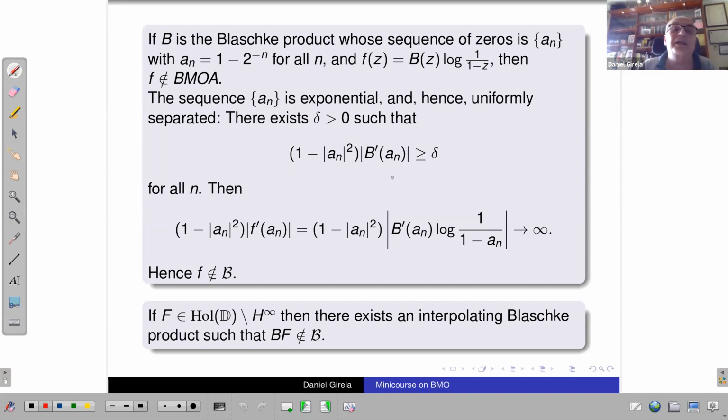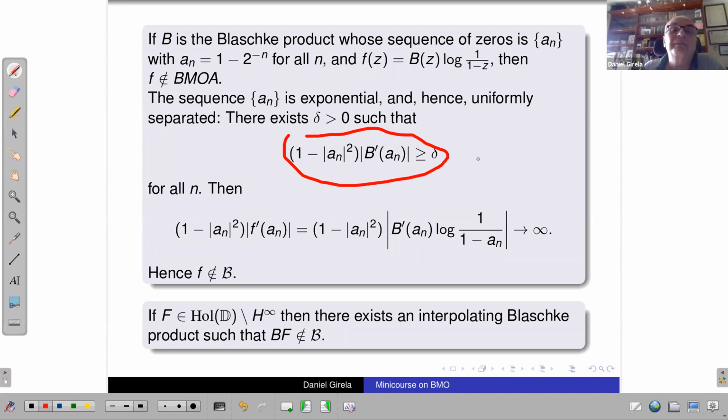Okay, there exists an interpolating Blaschke product such that the product of B times f is not a Bloch function.